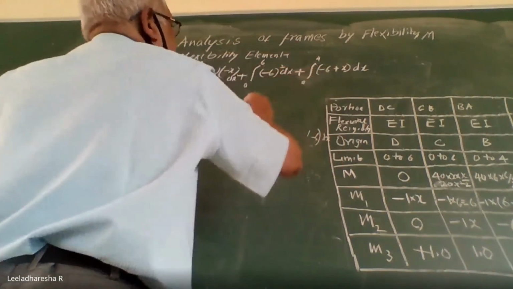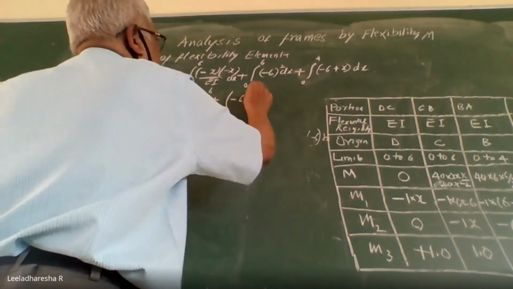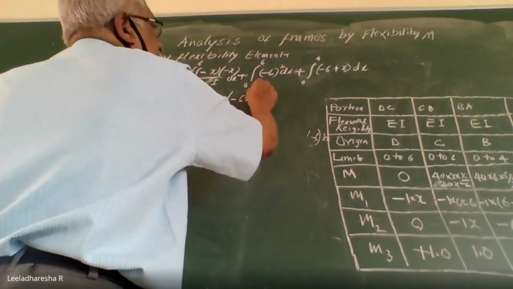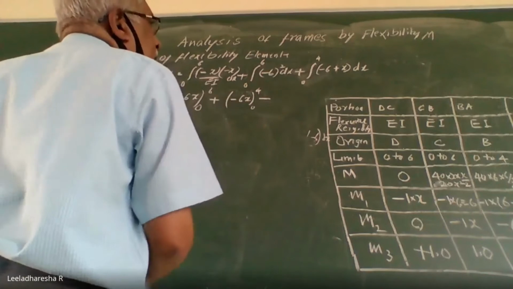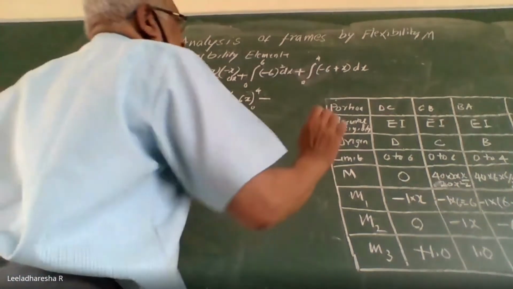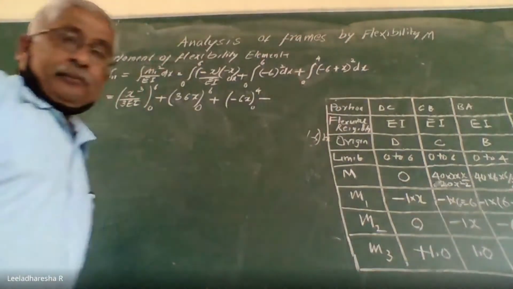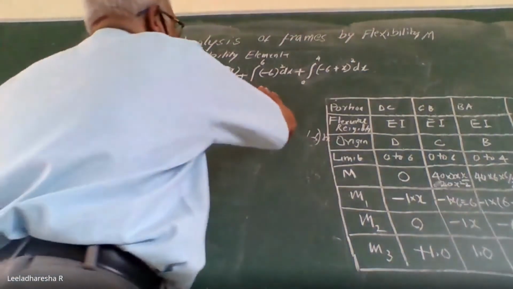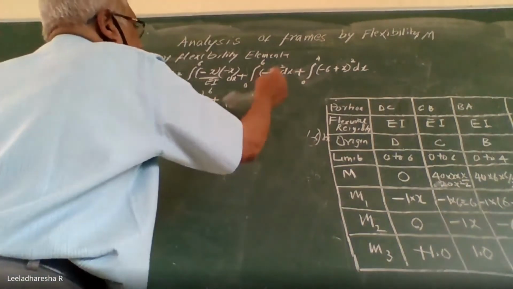Minus 6 into dx will give you minus 6x between the limits 0 to 4. Again, here we need to do x square, m1 square, right? So this is not this one. We may need to go for one more step.